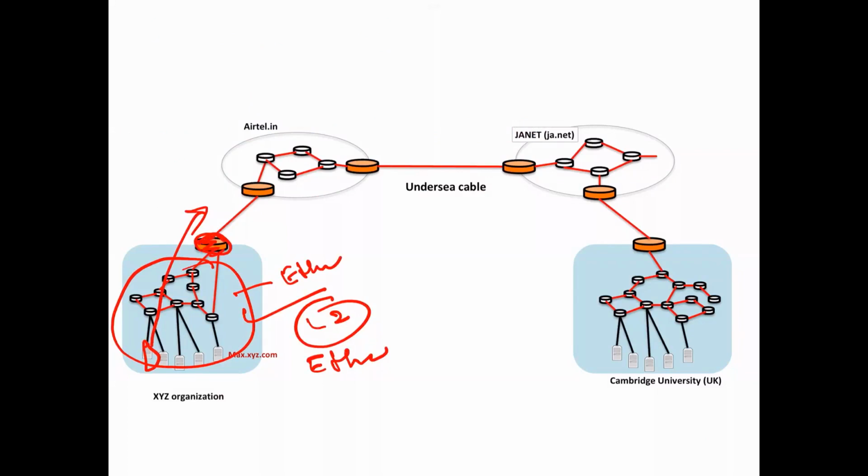Like when we studied DHCP, one of the parameters which DHCP gives is the interface router's address, right? So now it can go from one LAN to another, and within the LAN it will transmit using layer 2 addresses, then it goes to the interface router, and so on. Okay, so this is the normal method.